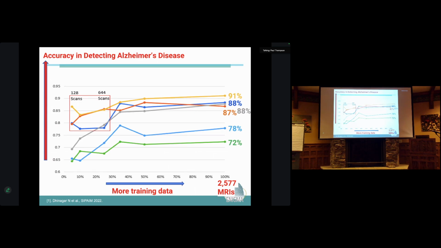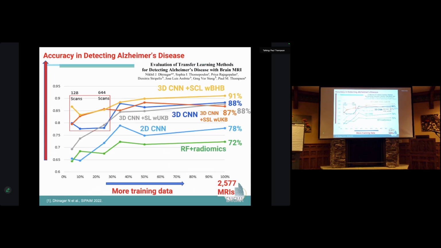So let's compare AI methods. This is accuracy in detecting Alzheimer's disease. As there's more training data, the accuracy goes up to about 91%. I'll fill in the names of these methods. This is a paper by Nikhil Dinakar and our group. He was evaluating deep learning methods to take standard MRI scans from Alzheimer's patients and controls and feed in different numbers of these as training data, and then on independent test data, how well did it do in classifying Alzheimer's disease.